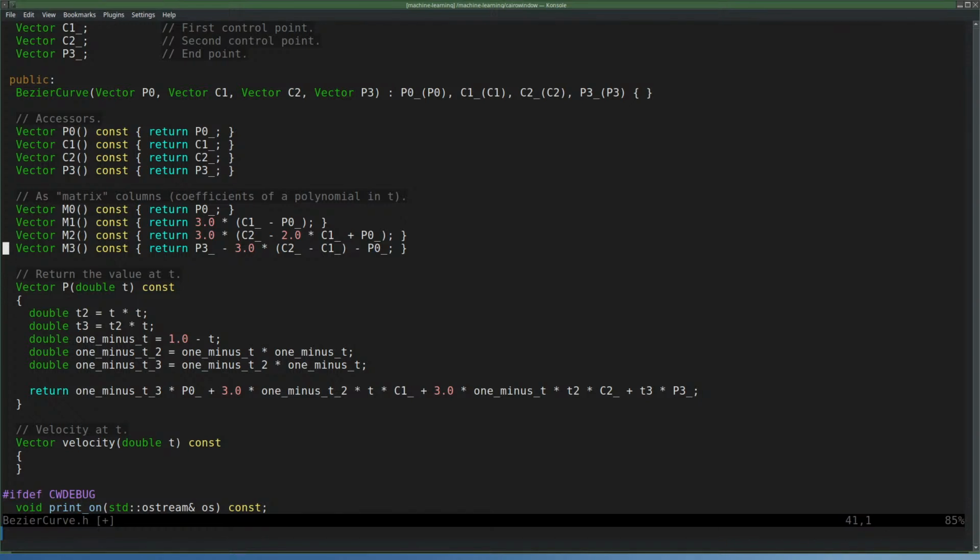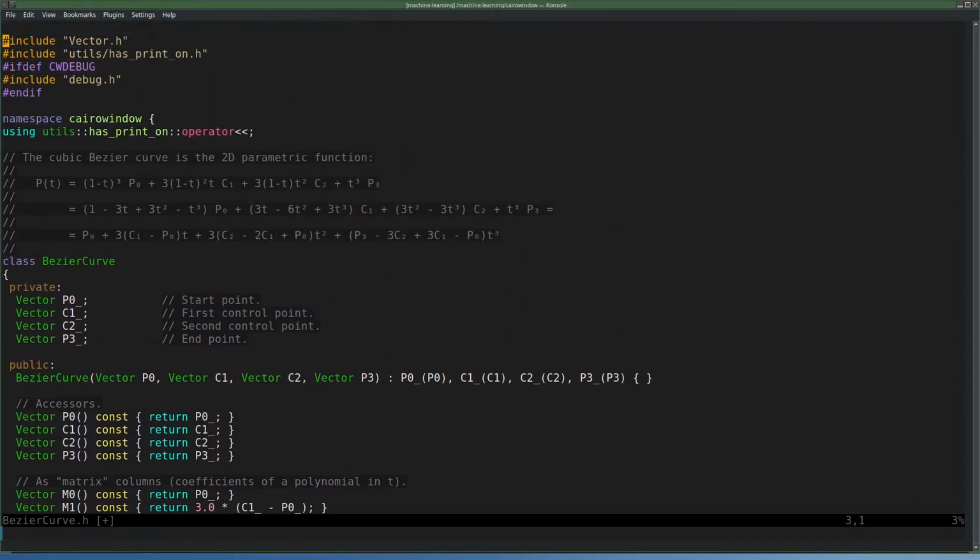Maybe I should first... I want to do the same thing. I wanted to have it in the first form again. Maybe you should write the velocity formulas here as well.